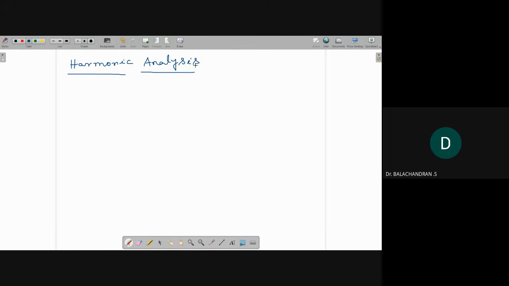Suppose the given problem is a function, then you can use the Fourier series method or the half range cosine method.